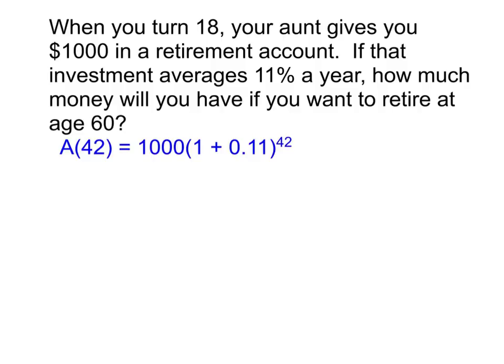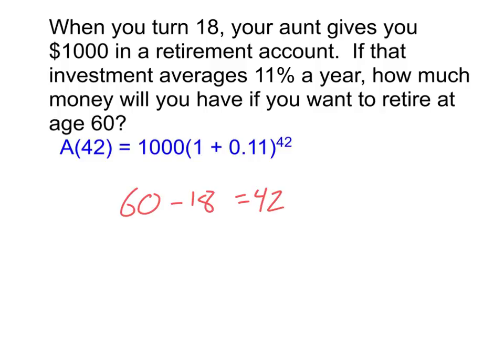We got this investment when we were 18 years old, and I want to know what it's going to be like when I'm 60, so we did 60 minus 18, which gave us 42. And so what we need to remember is that this is the amount of time that it's sitting in there. It doesn't represent how old we are, it's how long it sat in there and grew. And so that's why we plug in the 42.